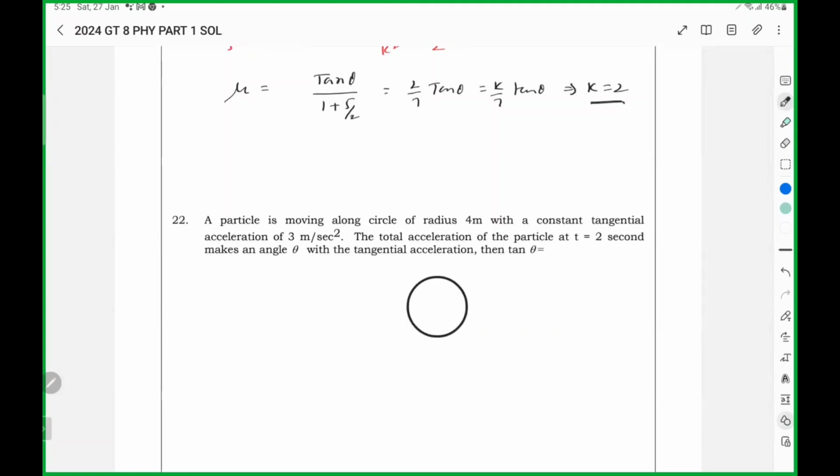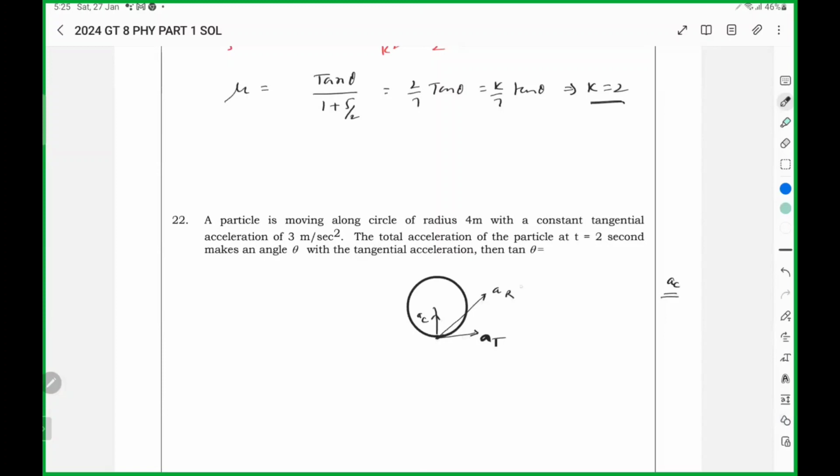Once a particle is moving in a circular path, it may be uniform circular or non-uniform. Uniform circular means only centripetal acceleration will be there. Non-uniform, there is a change in the magnitude of the speed. There is tangential acceleration as well as centripetal acceleration. So you will have a resultant acceleration.